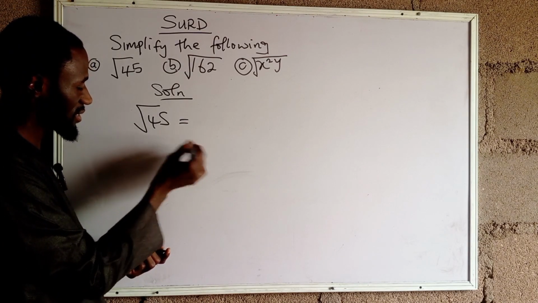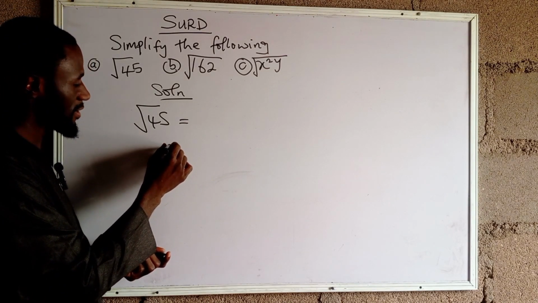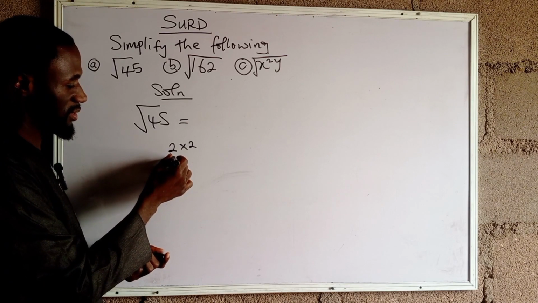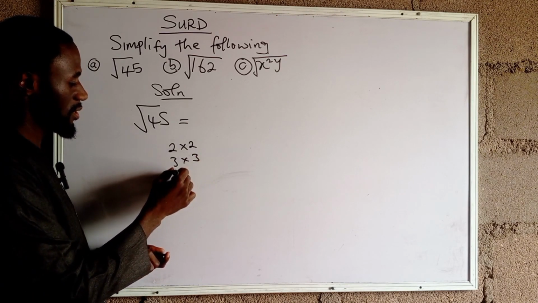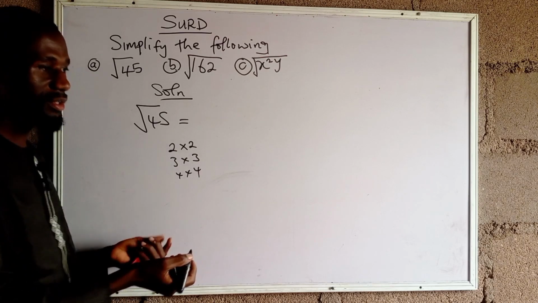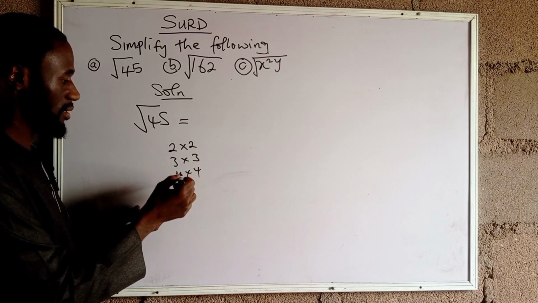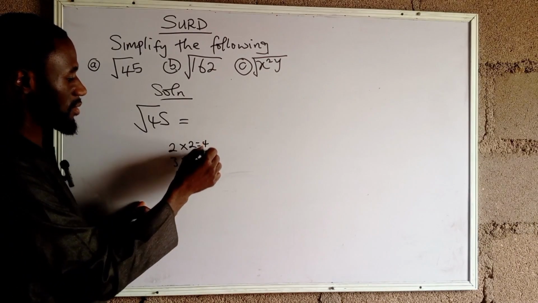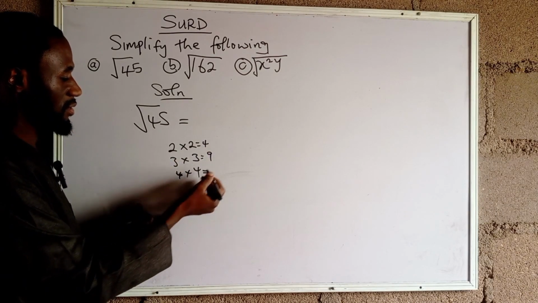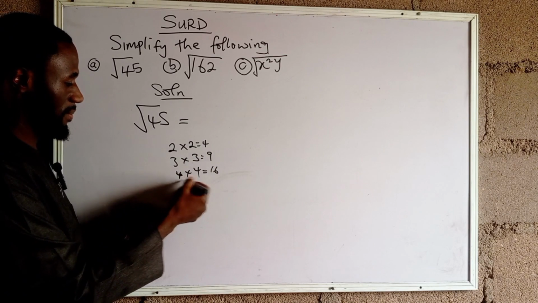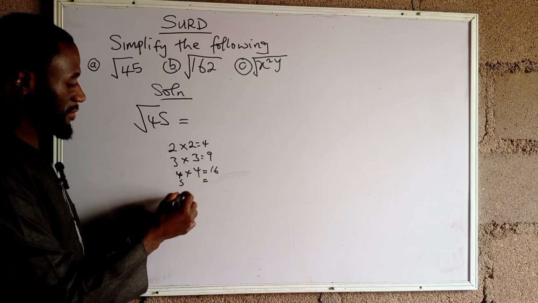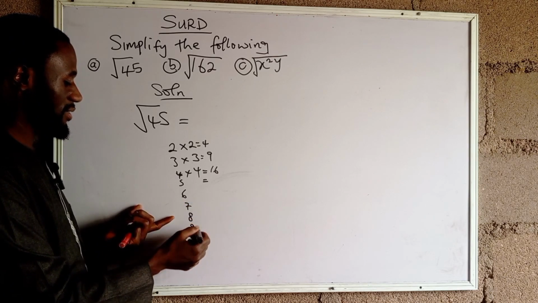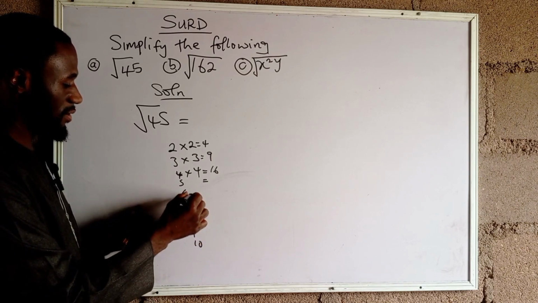Perfect square in the sense that if you have, let's say, 2 times 2, 3 times 3, 4 times 4, all these are perfect squares. 2 times 2 is 4, 3 times 3 is 9, 4 times 4 is 16, 5 times 5, 6 times 6, 7 times 7, 8 times 8, 9 times 9, 10 times 10.